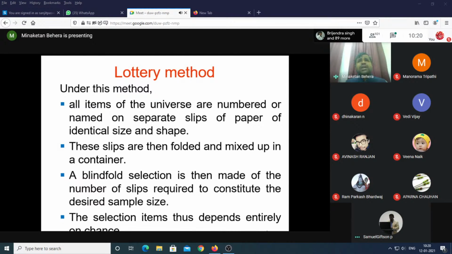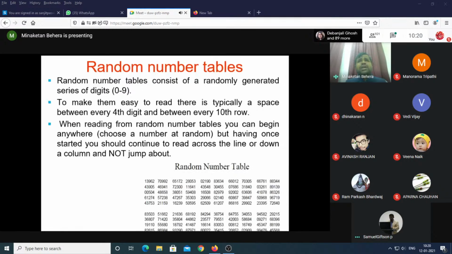Another method is there that most of the students do not know, which we call the random table number. This is only for my teacher friends who are here. The random table uses the numbers 0, 1, 2, 3, 4 up to 9.